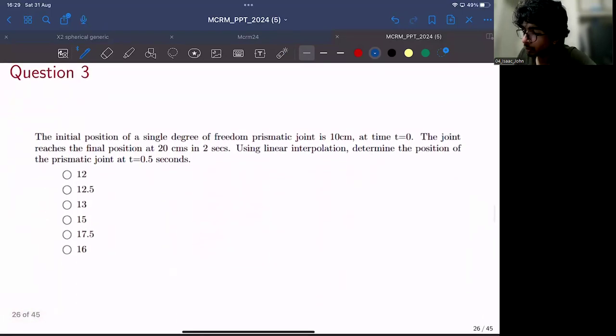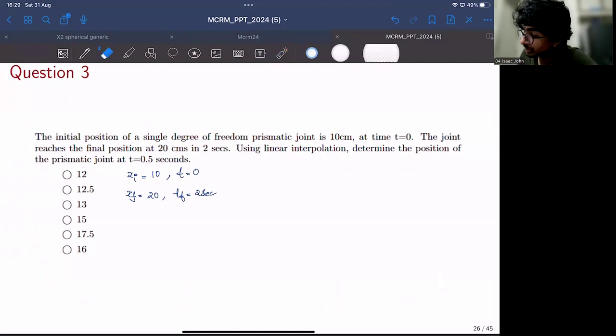Okay, moving on to question 3. It says the initial position of a single degree of freedom prismatic joint is 10 centimeters. So I'll write x initial to be 10 centimeters at time t is 0, and the joint reaches the final position xf of 20 centimeters, and the final time is 2 seconds.